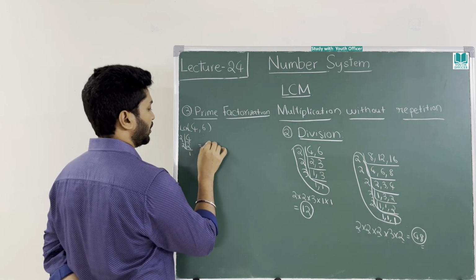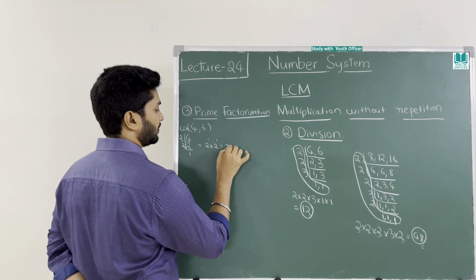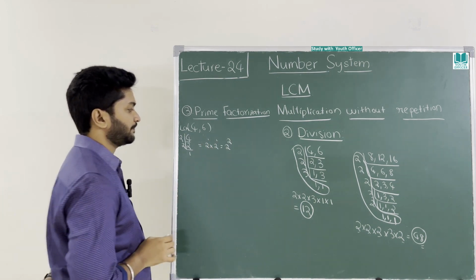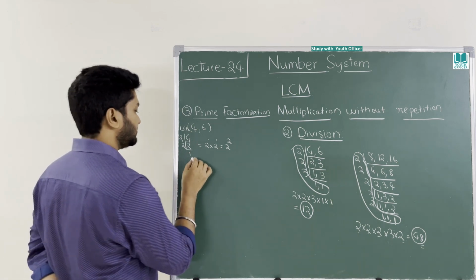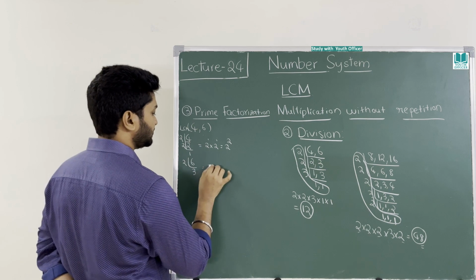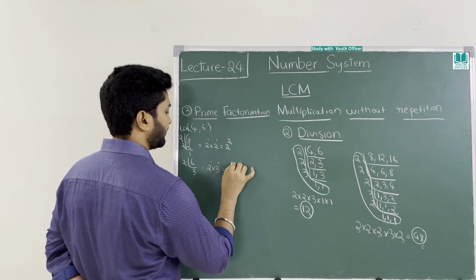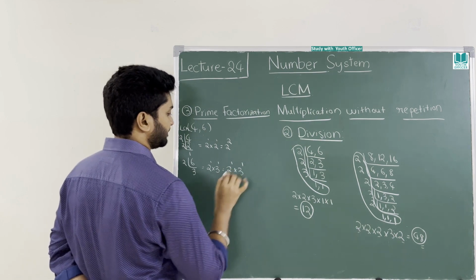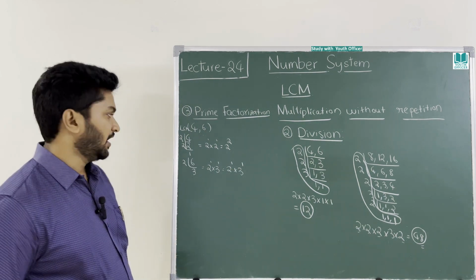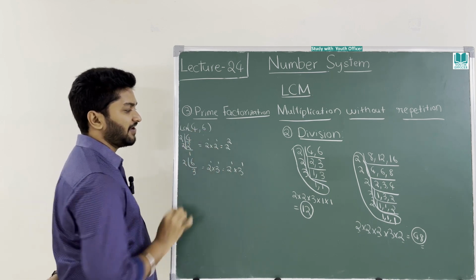That means 2 into 2, 2 power 2. If you want 6, second table will divide 3 times. That means 2 into 3, this is 2 power 1 into 3 power 1 only. These two numbers individually we have written in prime factorization.